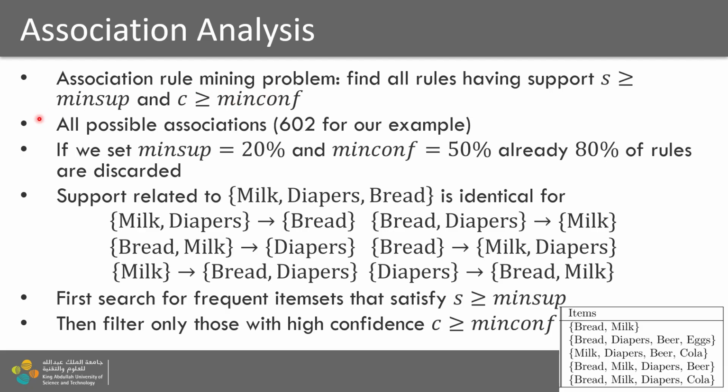As I mentioned, from these 5 transactions which have been shown, we can actually span a huge 602 different association rules, which is a huge amount. If we look only at the ones which have a minimal support of 20% and a minimal confidence of at least 50%, 80% of these rules will already be discarded.